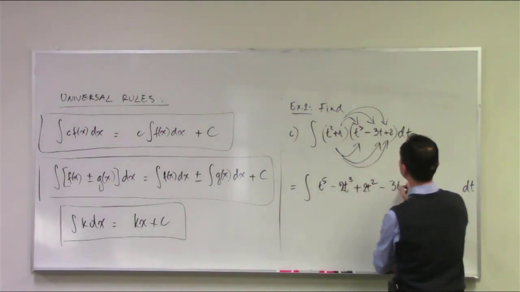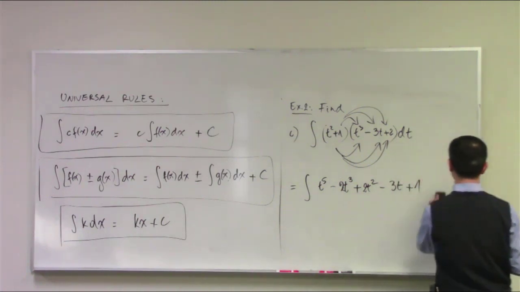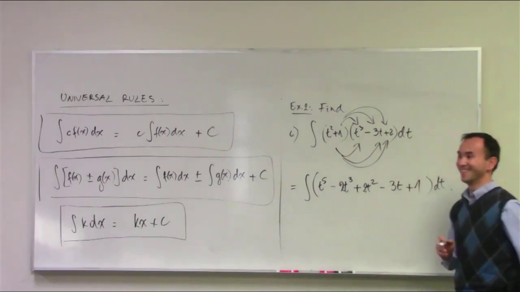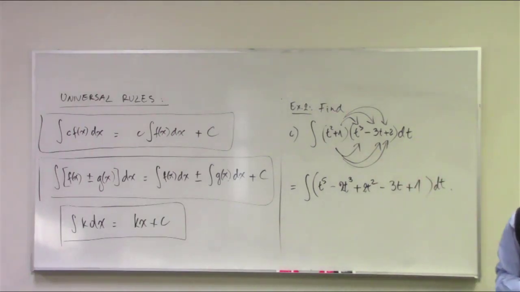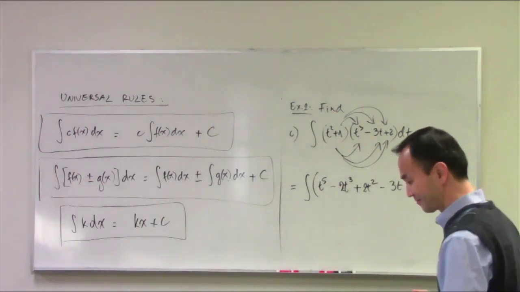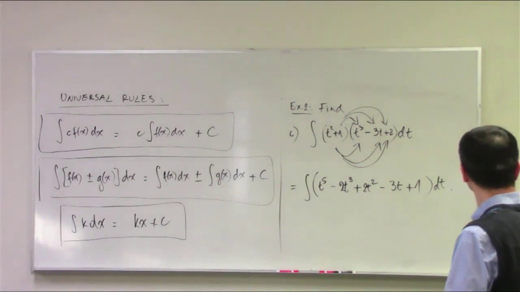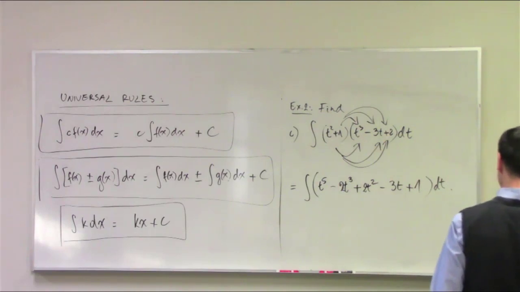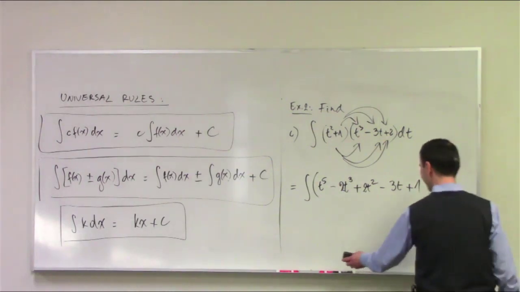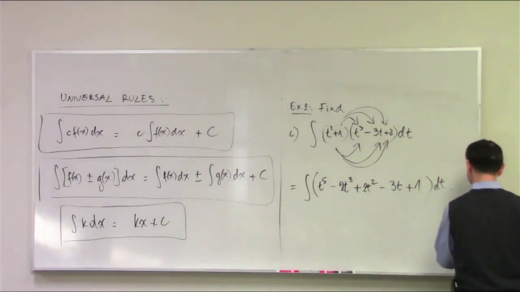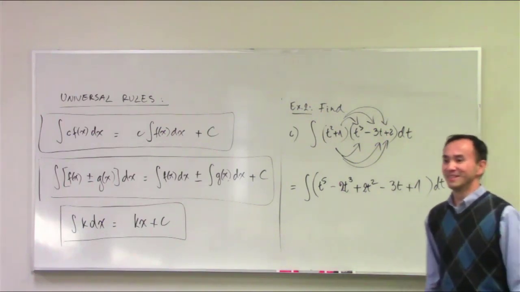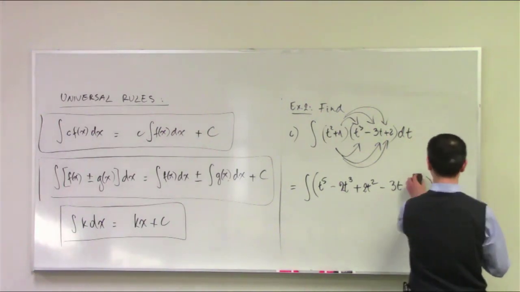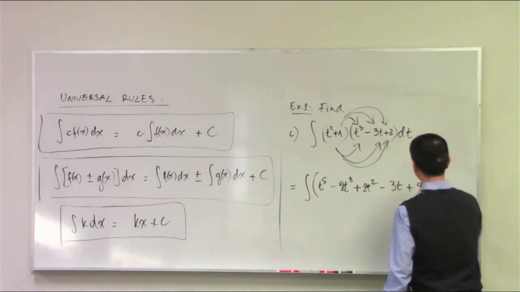Minus t plus 1. Fair enough. Did I do my algebra correctly? What's that? It should be a plus 2. I agree. It was right in front of me. I don't know how I missed that.